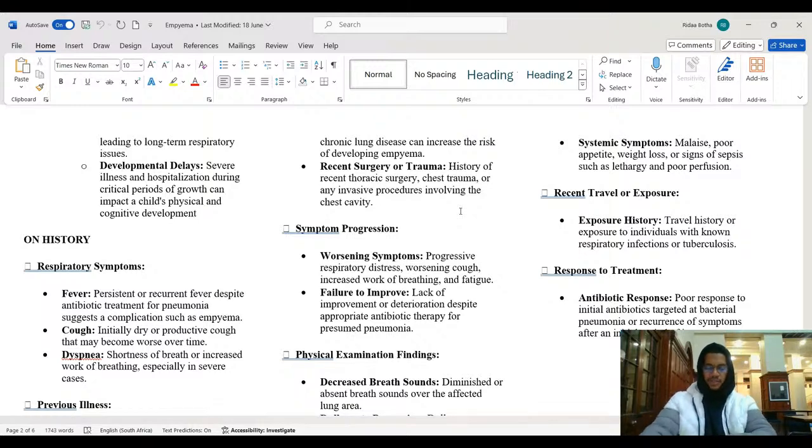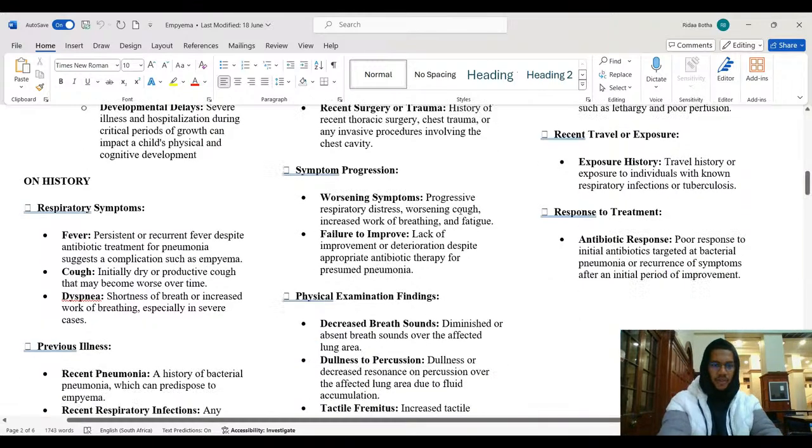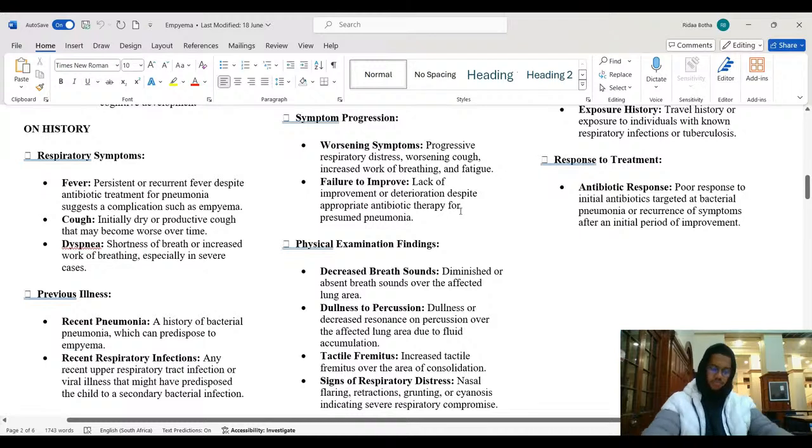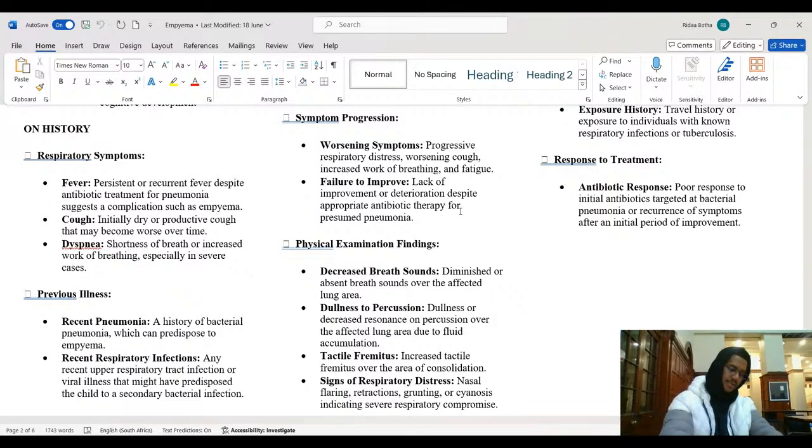Now, on history, you have a whole list of symptoms which can occur. Those include fever, indicating infection, and a cough, indicating respiratory infection.